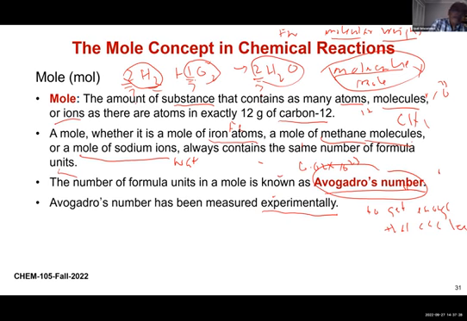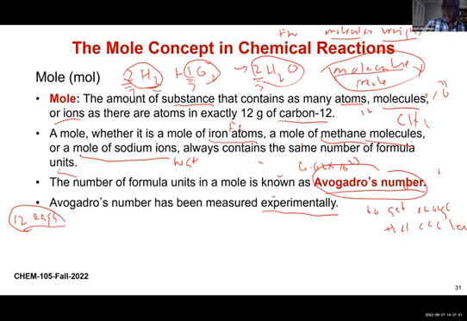It's like 12 eggs, a dozen, used to collect eggs so that we can handle them, not each egg individually. We don't count eggs one by one.